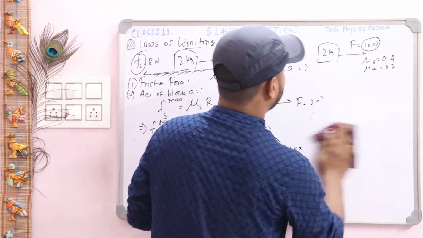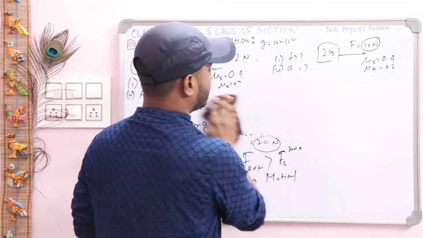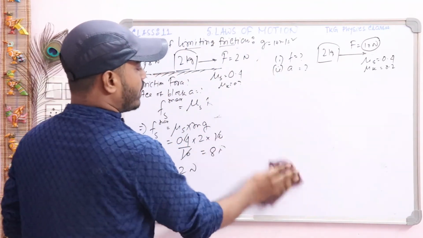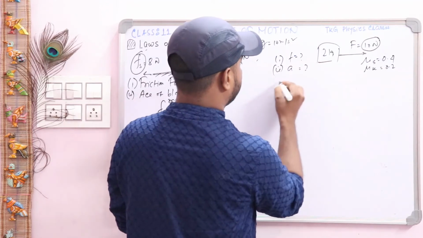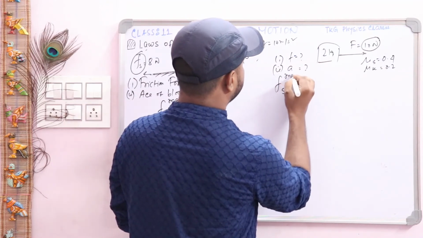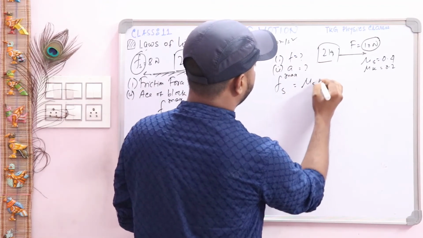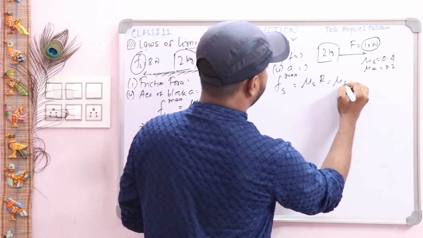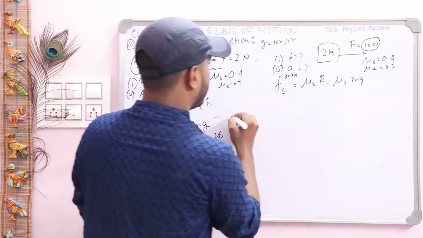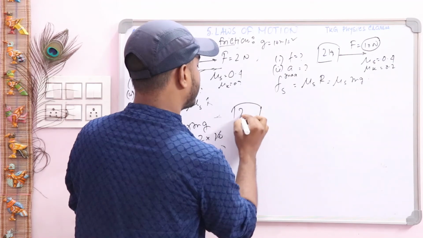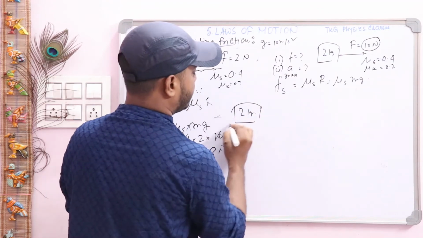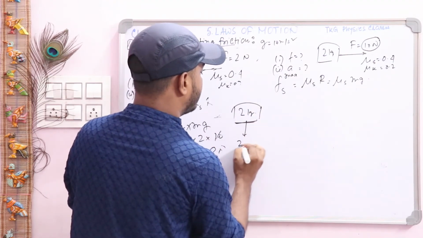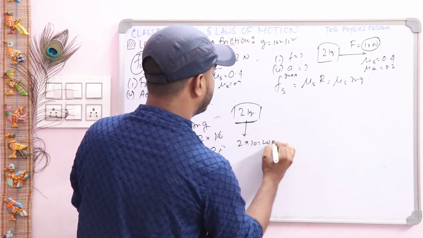At first you find Fs max. Fs max is equal to mu s into R, and R means mg. Draw the free body diagram for this figure. The weight is 2 into 10, 20 Newton in the downward direction.